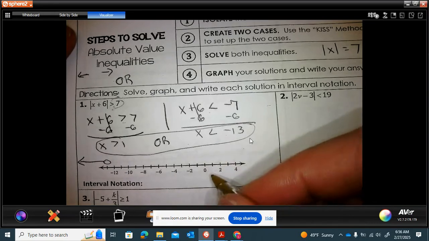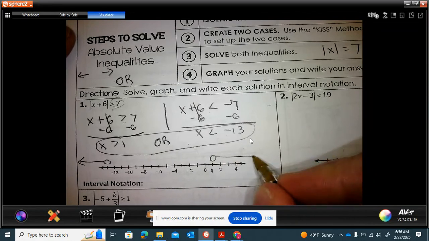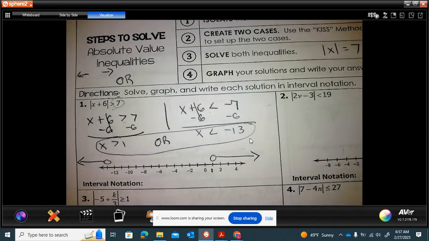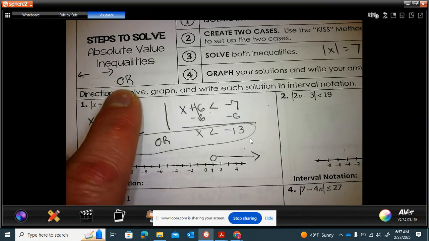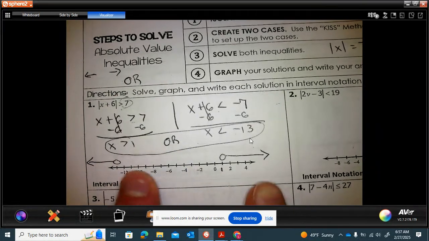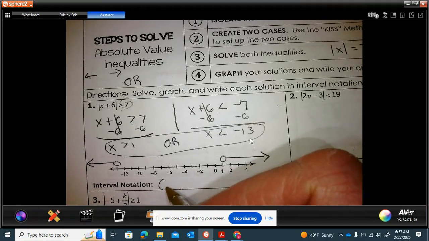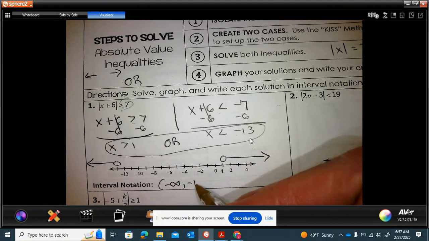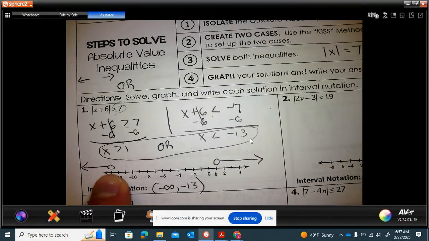At positive 1, which would be right here, I also have an open circle and it's shaded that way. You should first recognize that because it's greater than, it's an or, so I know my arrow is going to be shaded to the left and to the right. My interval notation is negative infinity to negative 13 with a parenthesis, because a parenthesis means the same thing as an open circle.